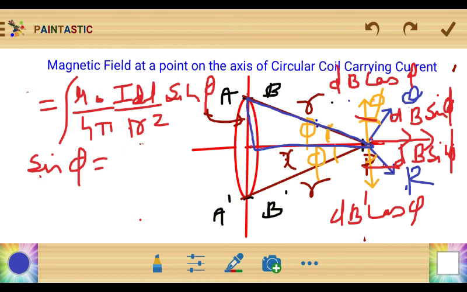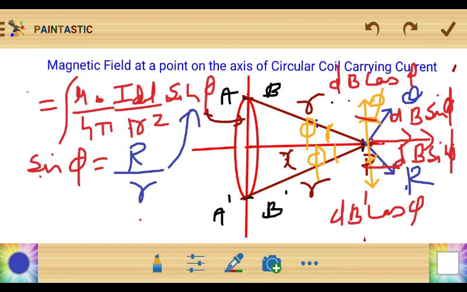From this triangle, sin phi can be easily calculated. Sin phi will be what? Perpendicular upon hypotenuse. So perpendicular is capital R and hypotenuse is small r. So now you got the value. Now this value will be substituted over here.